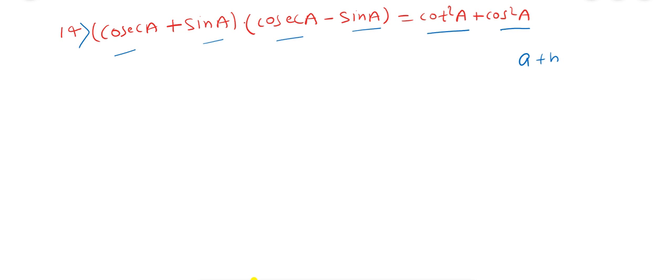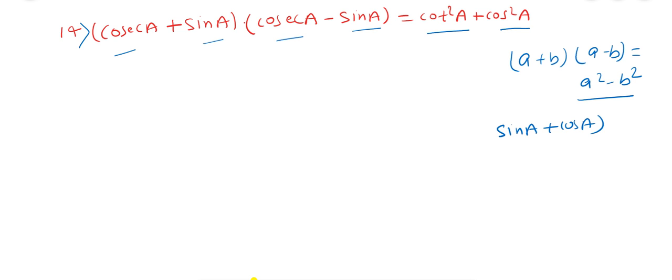If they write a plus b and a minus b, you have to treat it like a square minus b square. If they give sine A plus cos A and again write sine A minus cos A, directly write sine square A minus cos square A. It will always help and make your problem proceed very well.